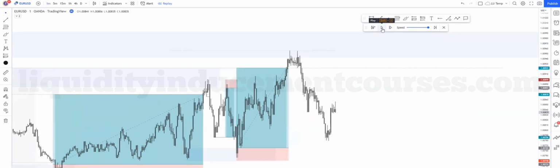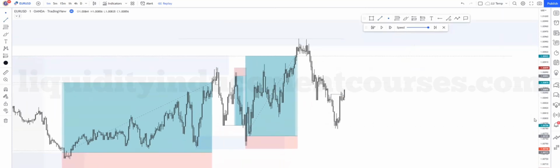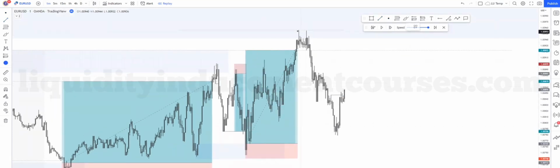Know how it was broken until here. So we have the first break, I believe. This is a 1 minute. So the first break here. So now we confirm the range from here to here.